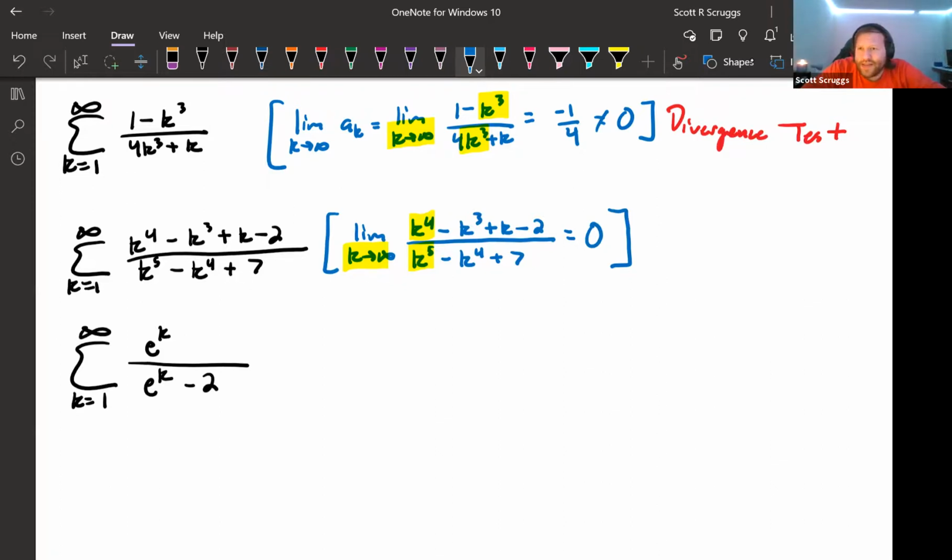So for that second series, can I use the divergence test here? Because the limit of the terms as k goes to infinity goes to 0.